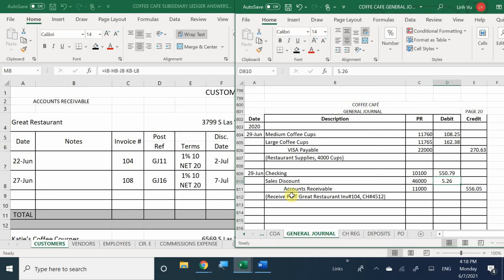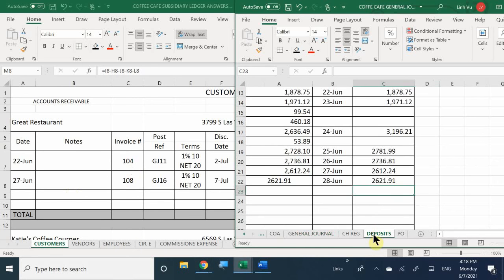Now we're going to go to checking to make sure we deposit the correct amount in our deposit. 55605. No, you got 79. I got 05. Is that what you were trying to tell me?